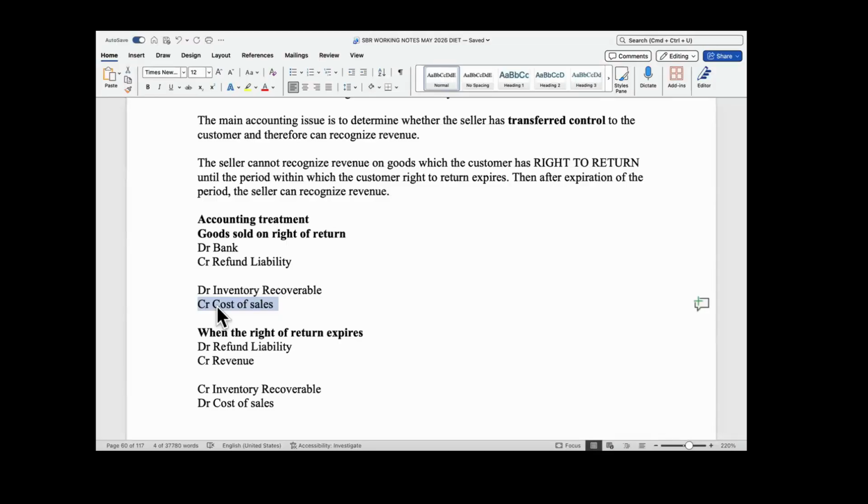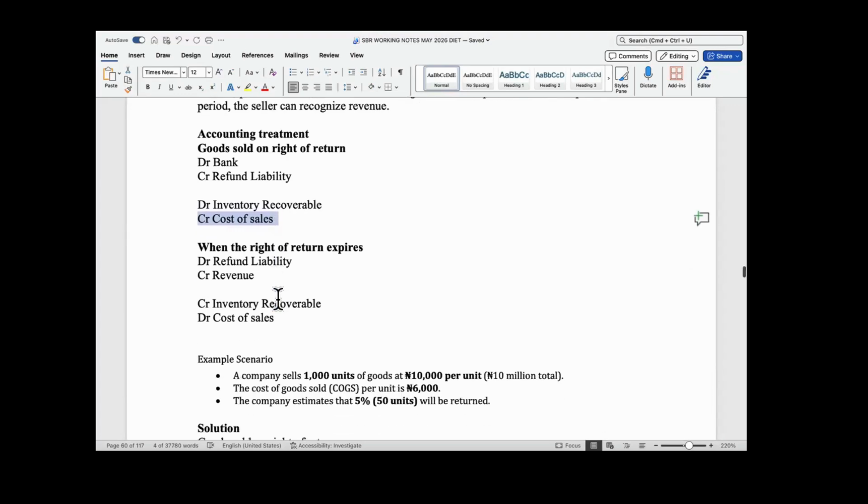The matching concept does not allow that, so you have to take it away from cost of sales. Otherwise, your accounts will be false and misleading. So we take it away from cost of sales and put it in an inventory recoverable account until that period expires. Did I answer your question, David?